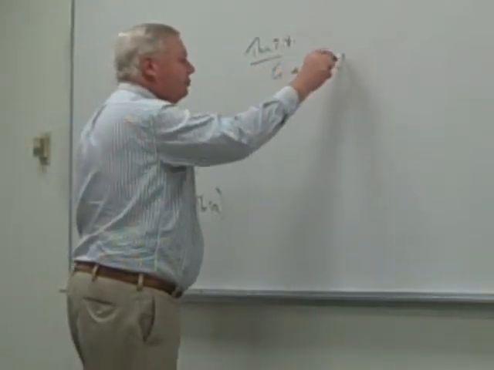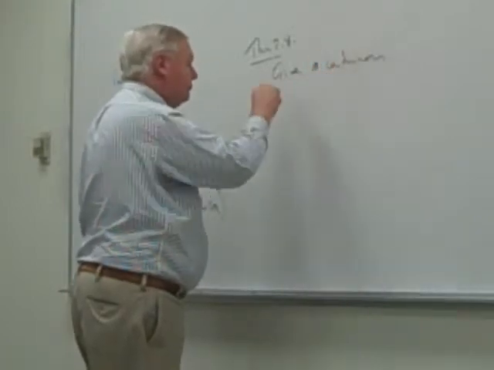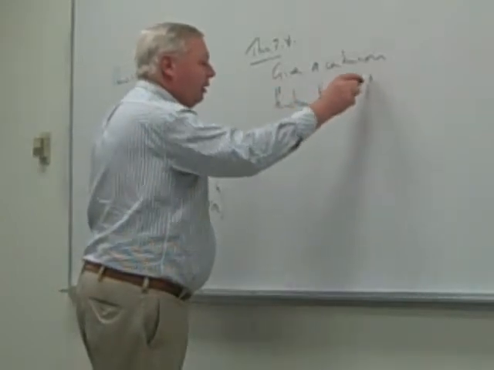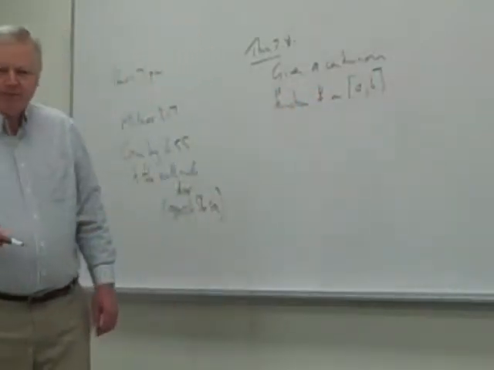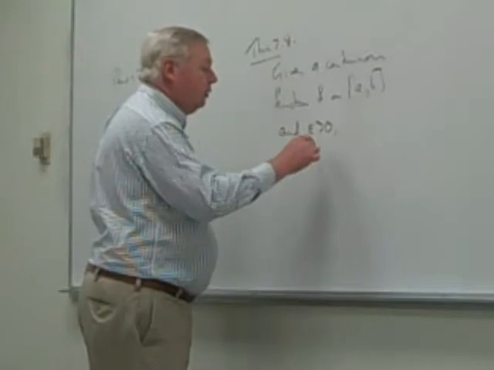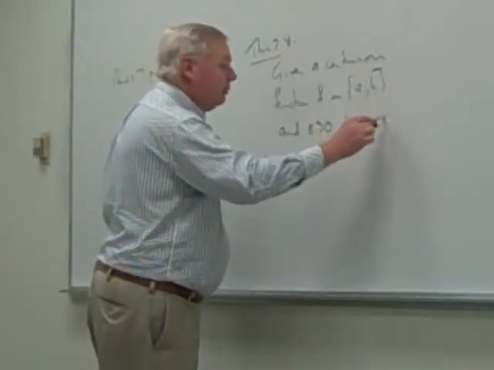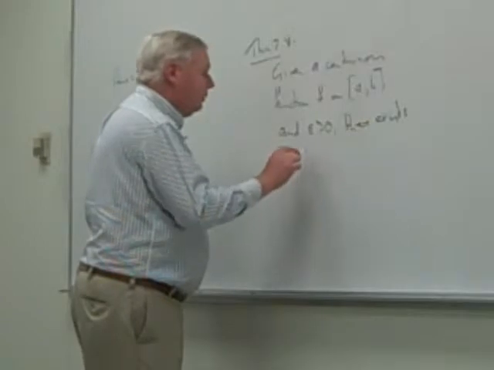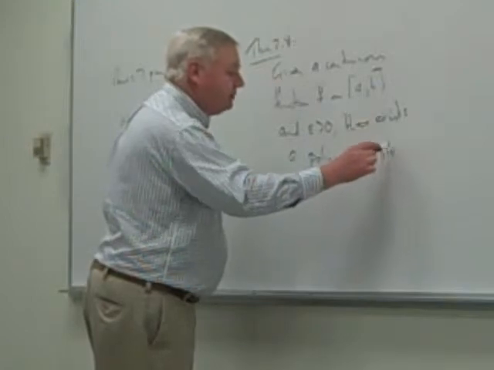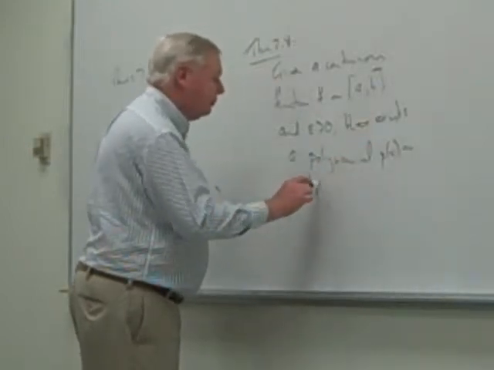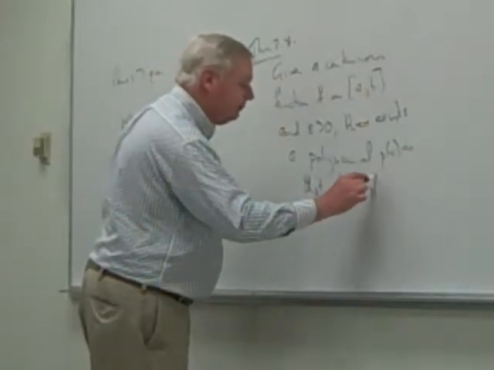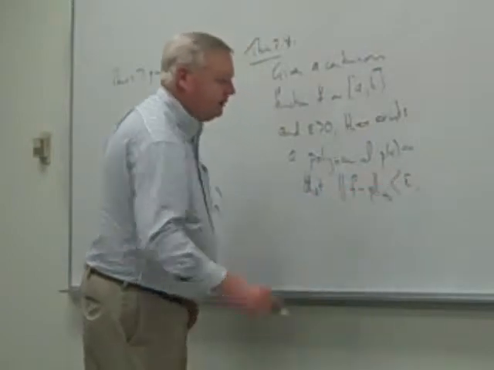Given a continuous function f on any closed interval a to b, and an epsilon greater than 0, there exists a polynomial p of x so that the infinity norm of f minus p is less than epsilon.